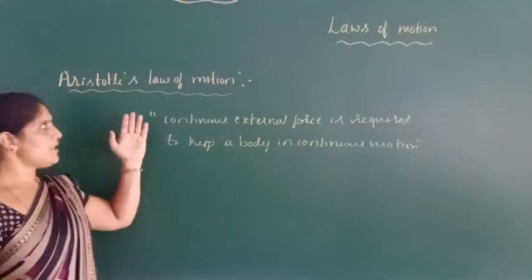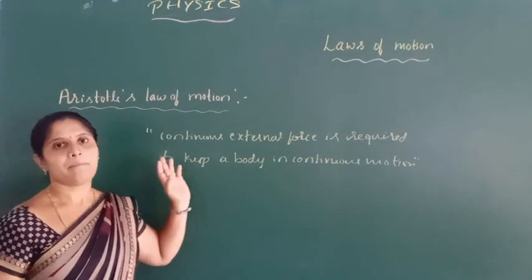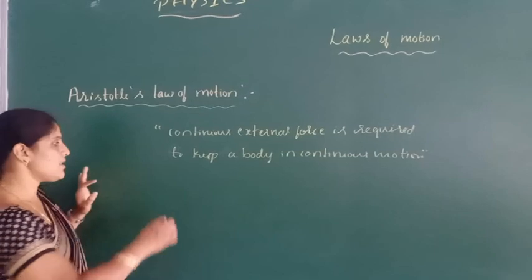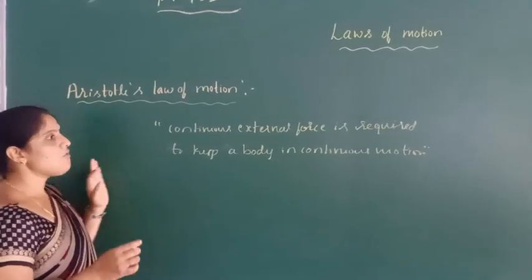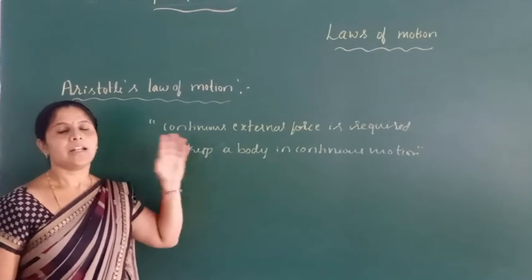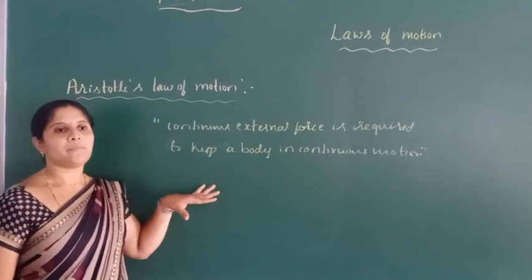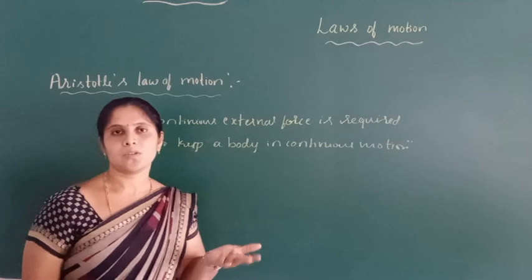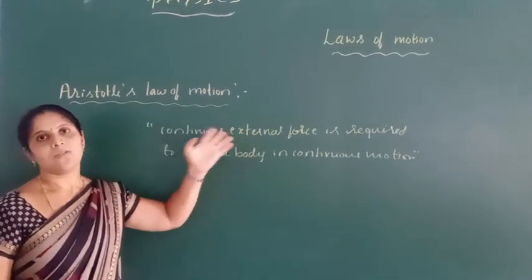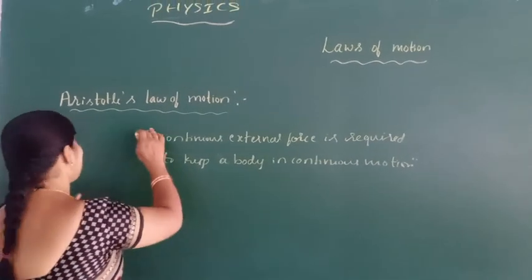Okay, but this law fails because a continuous external force is not required to keep a body in continuous motion. It is required to overcome the frictional force. This fact was not known to Aristotle, so it is known as Aristotle's fallacy.